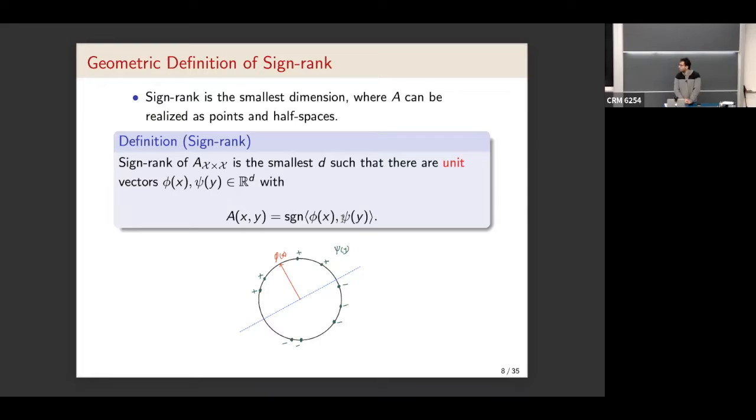So there is this kind of trivial equivalence of this geometric notion of rank, dimension, and Xiang. And this thing about points and half spaces you can see in this picture. If you think of this vector x, and everything above it, these are the y's that get a plus sign, and these are the ones that get a negative sign, right?